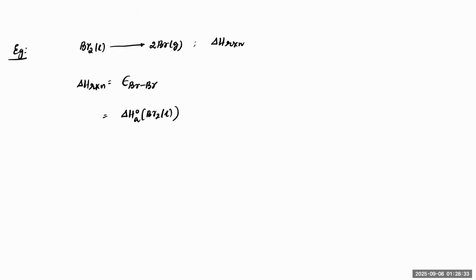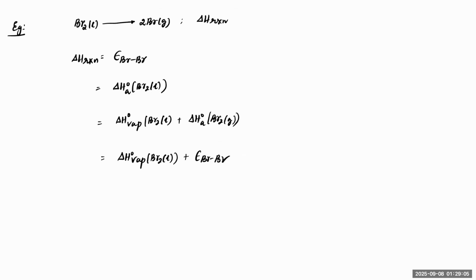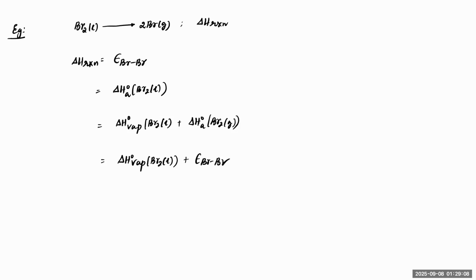Or can I say this as delta H of vaporization of Br2 liquid plus delta H of atomization of Br2 gas? Or can I say this as delta H of vaporization of Br2 liquid plus epsilon of Br-Br? Which of these four statements looks correct when I write delta H of the reaction this way?